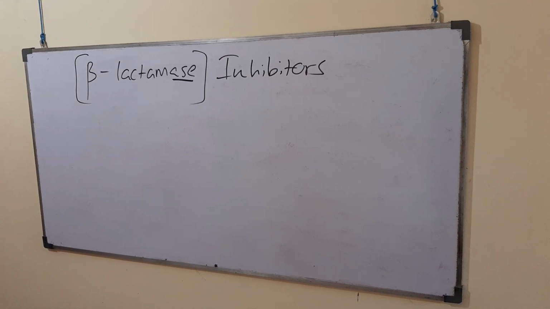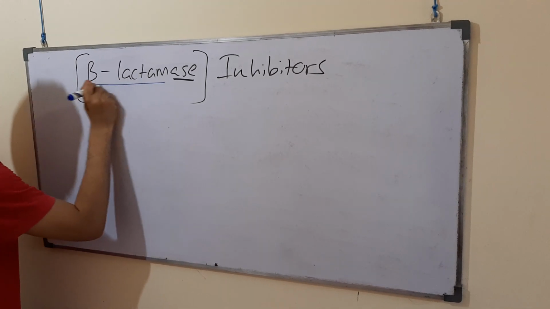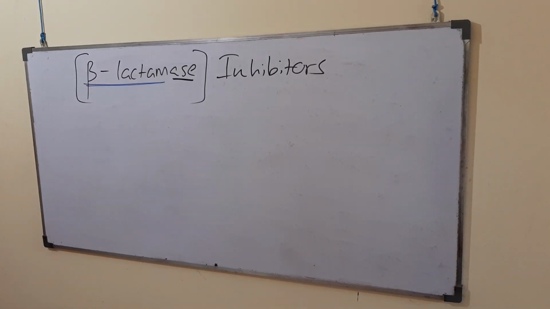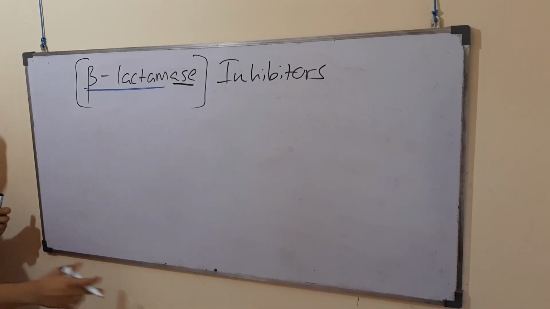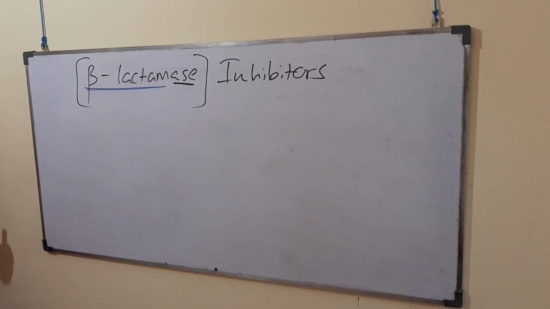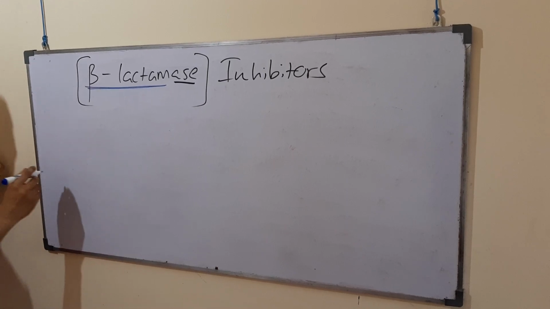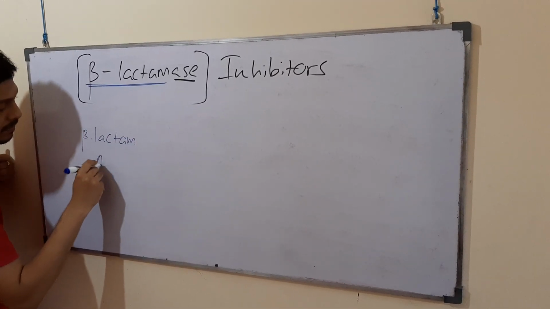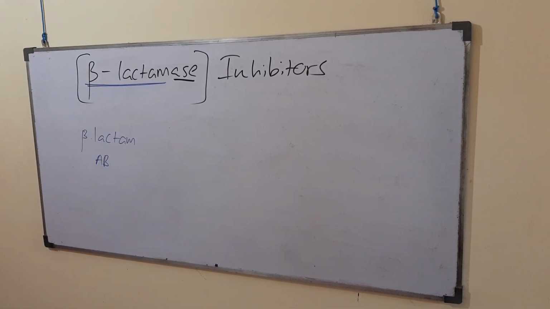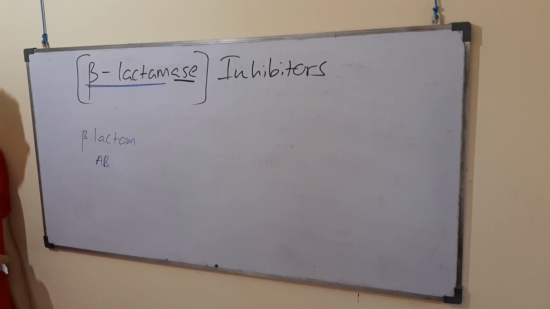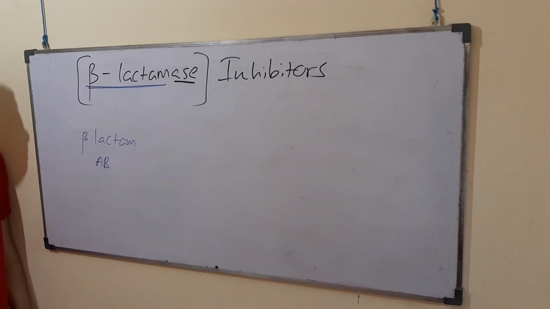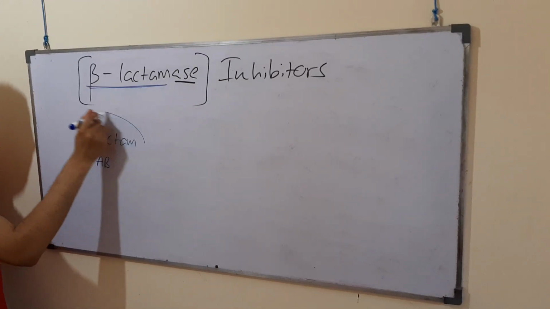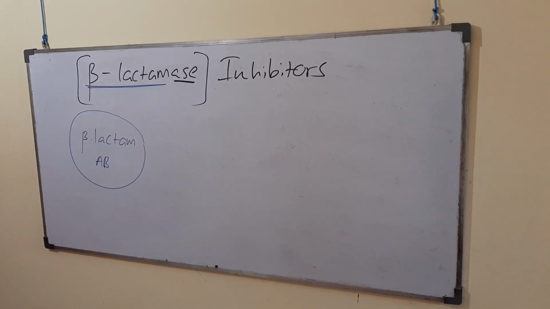Before moving on to beta lactamase inhibitors, we should focus on the term beta lactam. What is beta lactam? Beta lactam usually refers to a particular group of antibiotics which are known as beta lactam antibiotics. The most prominent structural feature of beta lactam antibiotics will be the beta lactam ring, which is present in its molecular structure.